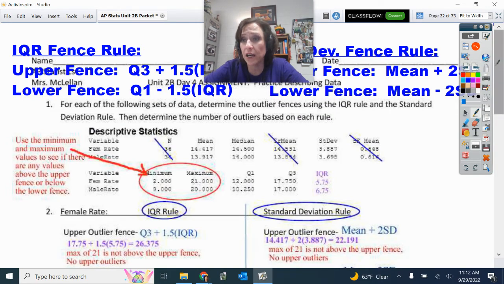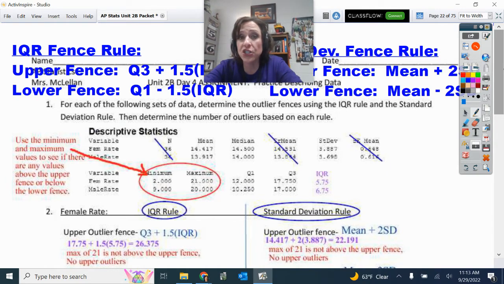Okay. So now the question is, what, if any, outliers do we have? In order to do that, you need to look at this minimum and maximum piece of data so that you can see where the lowest and the highest piece of data fell. So I'm going to look at that.